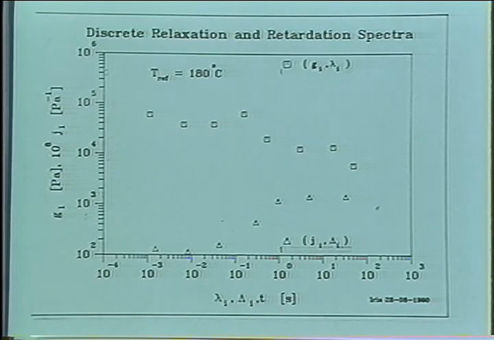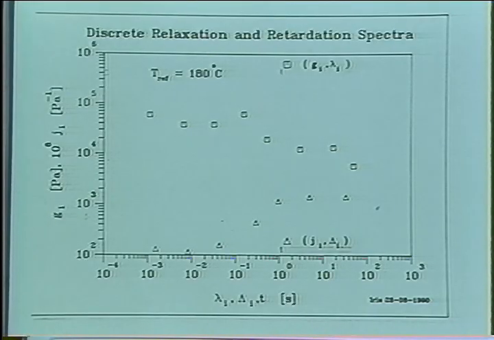There's a one-to-one correlation. The retardation spectrum you would measure in a creep experiment where you measure J of t, and the time dependence of the compliance is given by the retardation time spectrum. I didn't spend much time on its definition because it's nothing new. It doesn't contain any additional information.